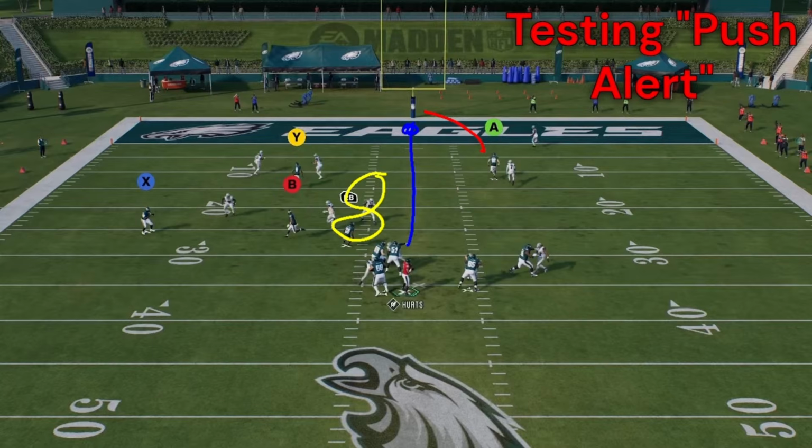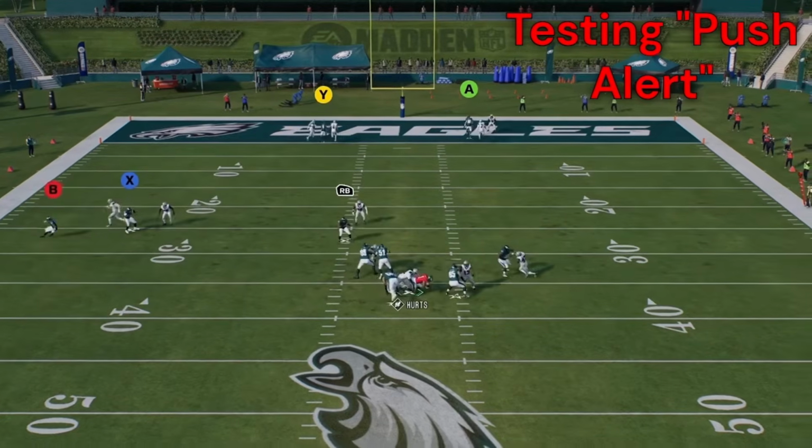Every coverage does have its weakness, and the weakness of cover 2 is down the middle. You would think of that more so on post routes, but this is a similar thing, right? Anything that can split the middle of the defense and get behind that middle deep dropper who is responsible for the back here, that's a weakness of cover 2, right? But the call is in here. So that's really, really cool and nice to see.